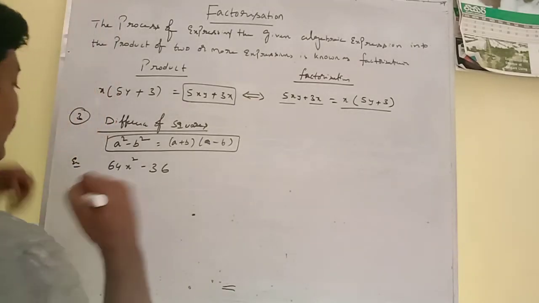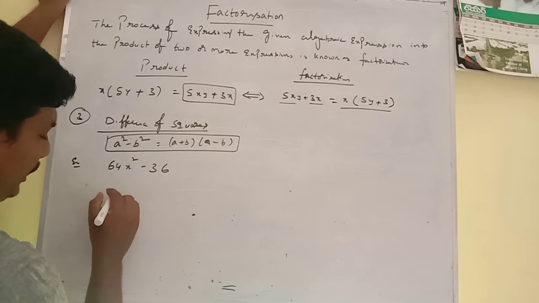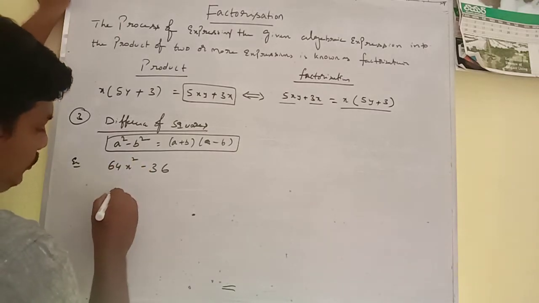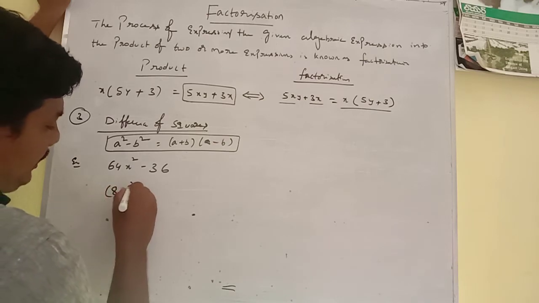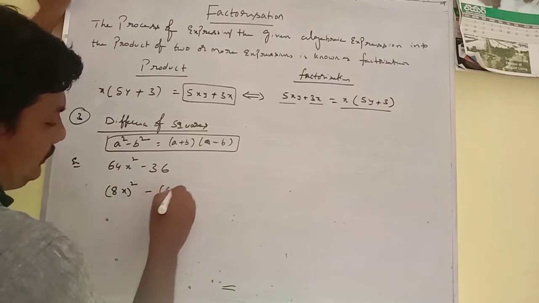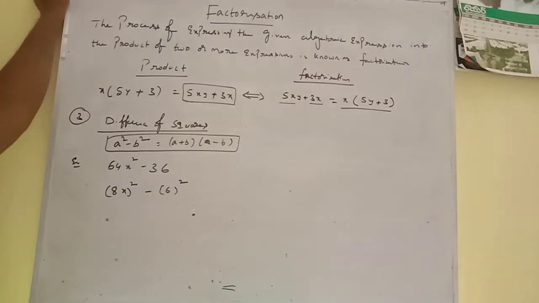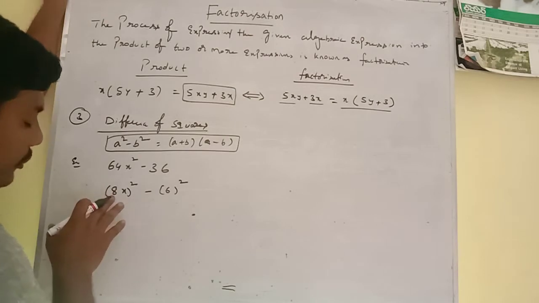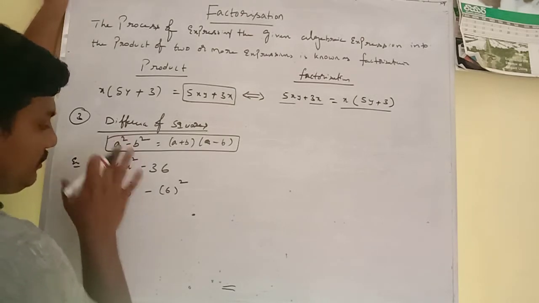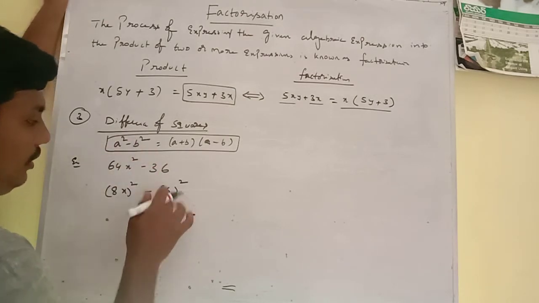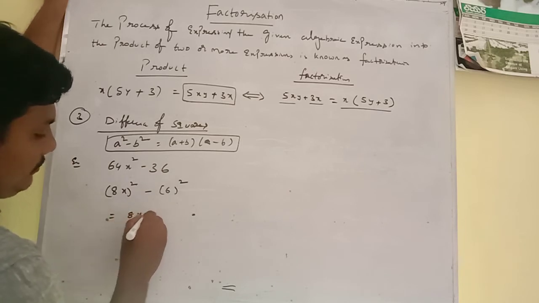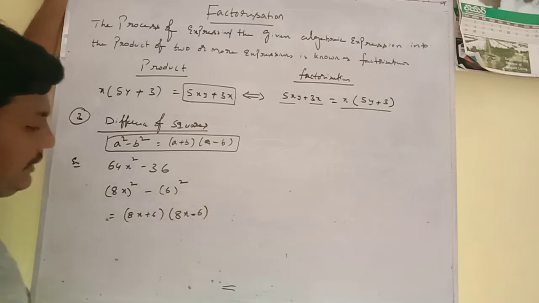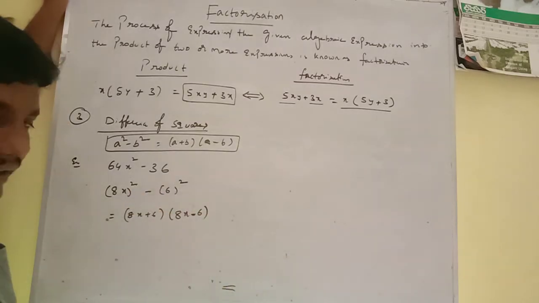Now you can write 64 as 8 8s are 64, so 8x whole square, and 36 can be written as 6 square. Now this is a difference of squares, where the first square is a square and the second is b square. Under this formula, this is 8x plus 6 into 8x minus 6. Like that we can factorize very simply.